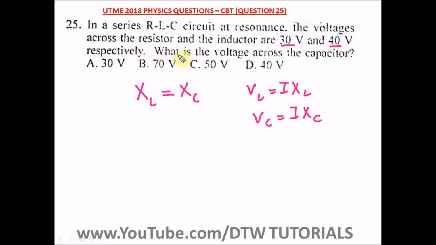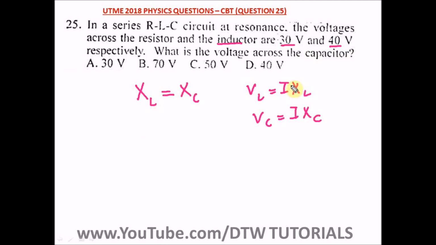So the question asks what is the voltage across the capacitor in a series RLC circuit at resonance. At resonance, your inductive reactance is equal to your capacitive reactance. We've been given the voltage of the inductor as 40, so the voltage of the inductor will be equal to that of the capacitor.